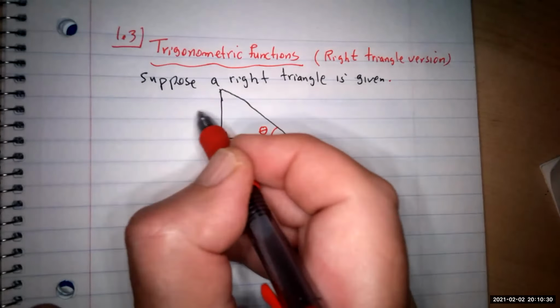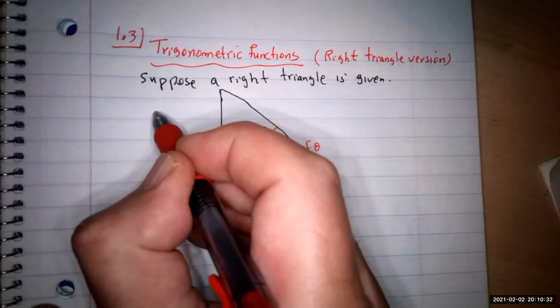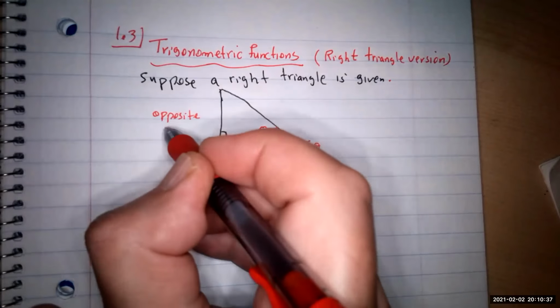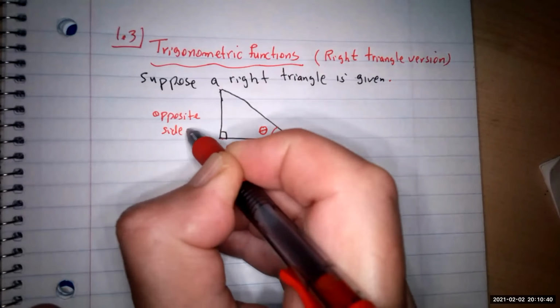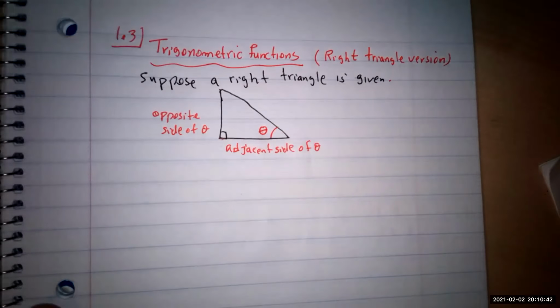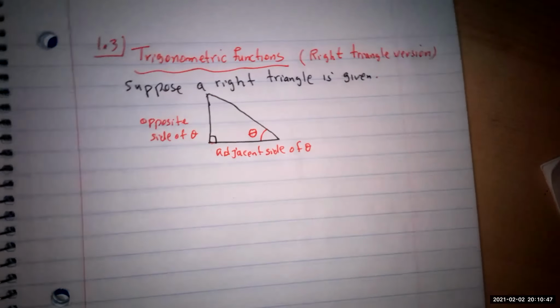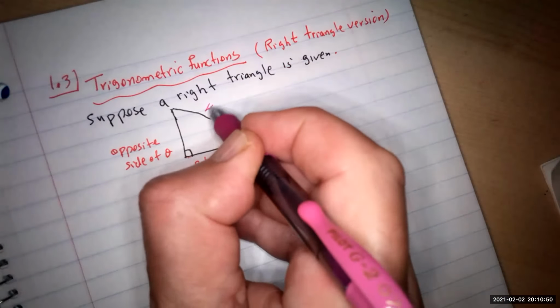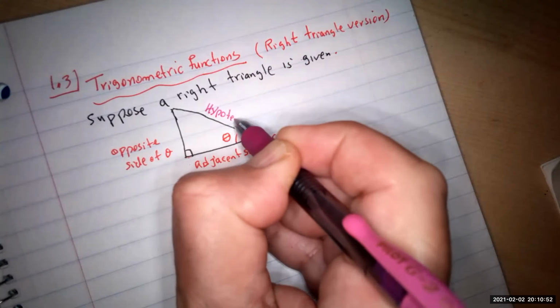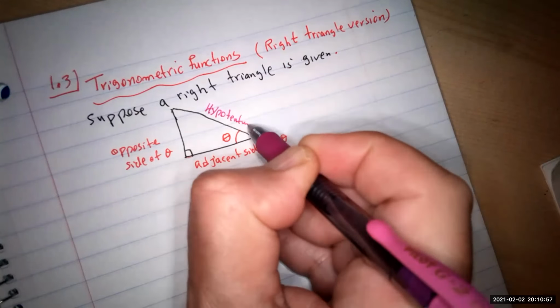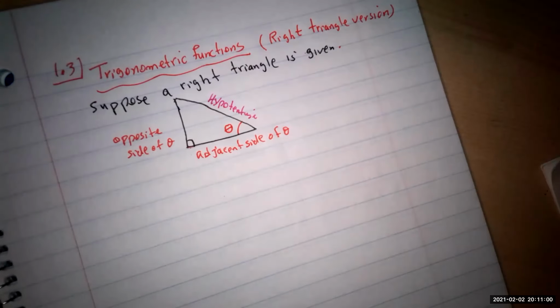This is called the opposite side of theta. Adjacent, opposite, and you know this one. This is just the hypotenuse that we have. So let's see how we are going to define those.